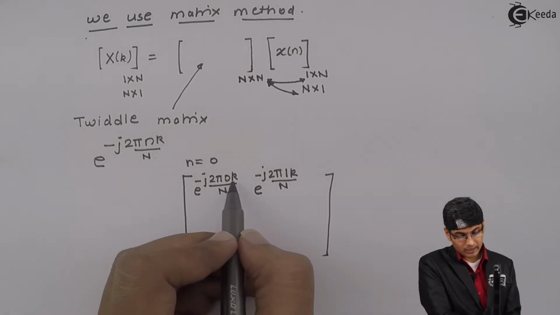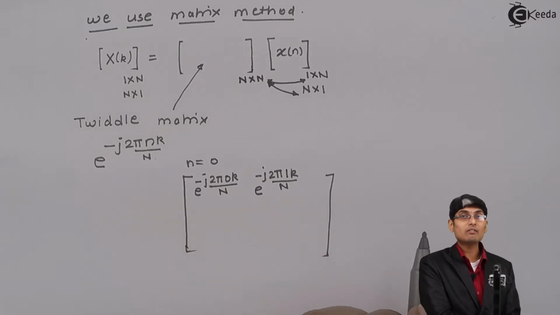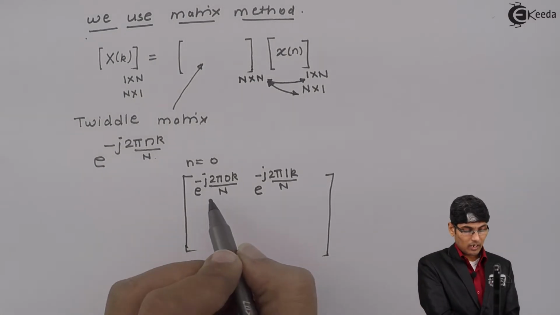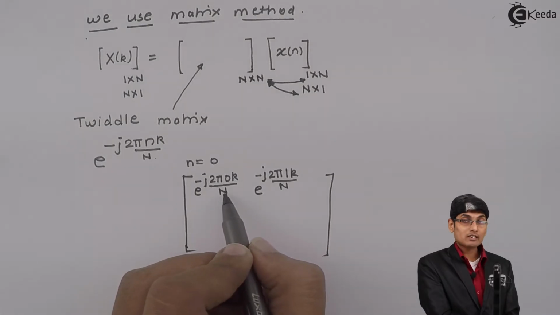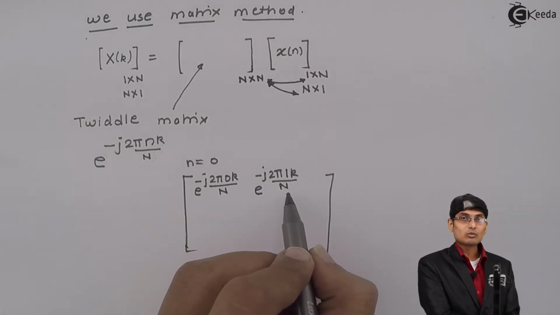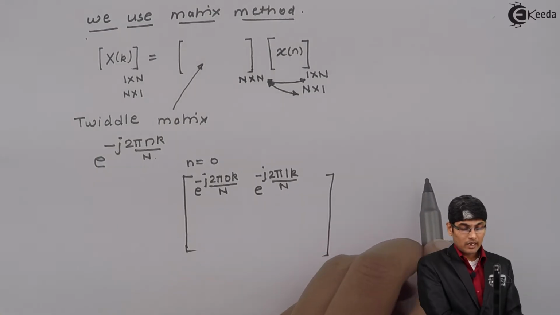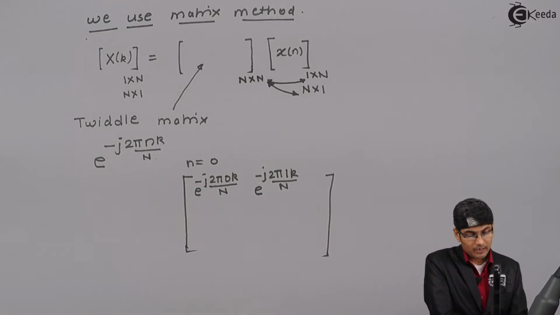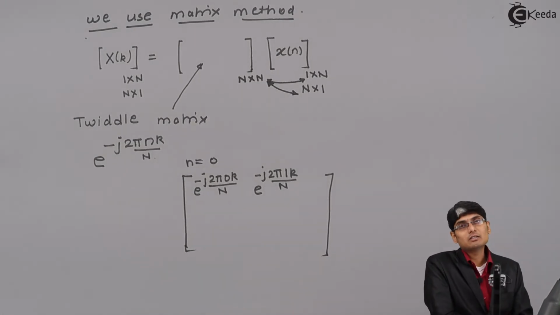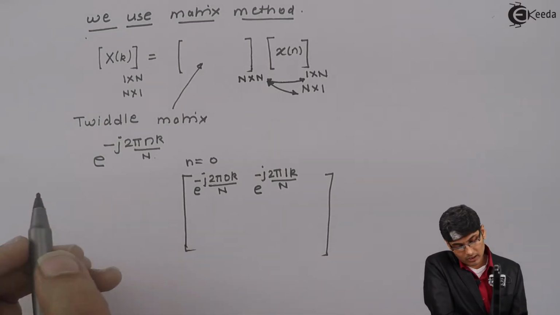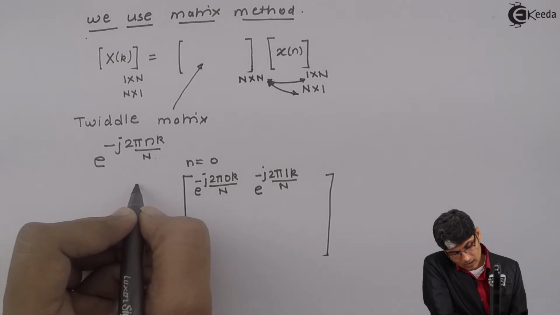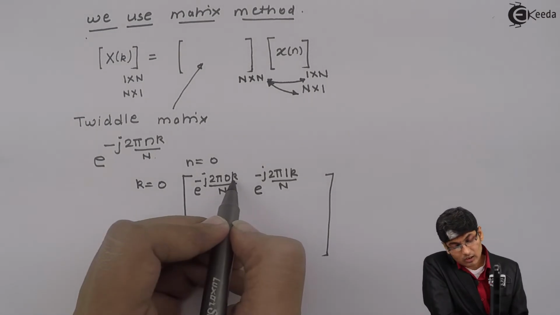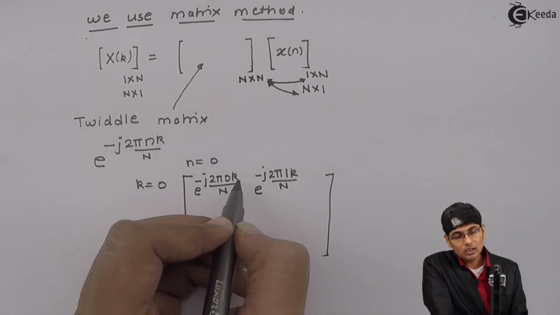Okay, I am purposefully writing k over here to just give you the flavor of how n varies in a system. So, n varies and you will get n is equal to 0, n is equal to 1, n is equal to 2, n is equal to 3 and so on. Now, when I transit from n to k, for k is equal to 0, that will be my first row, and k will also be 0 here.